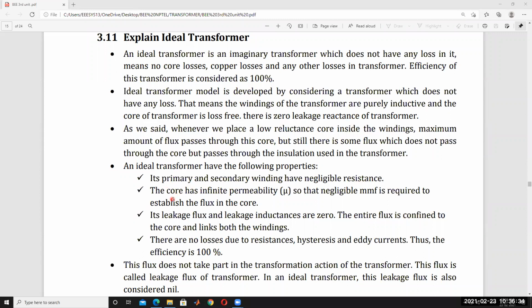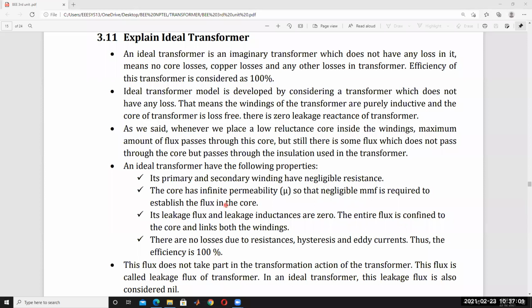The core has infinite permeability. Ideally the permeability of the transformer core is infinite, but practically it is some limited value. Because the core has infinite permeability, negligible MMF is required to establish the flux in the core. Very little MMF is required to establish the flux in the transformer core.